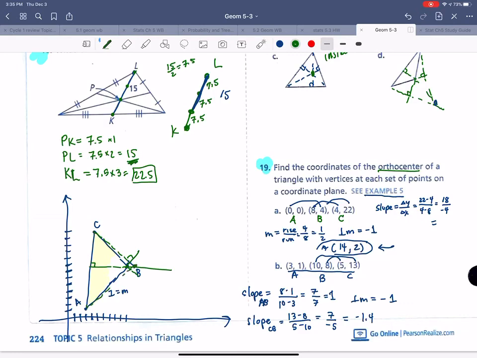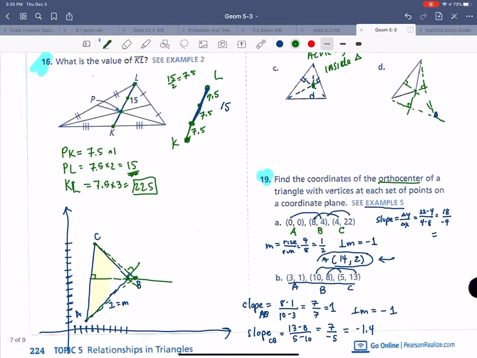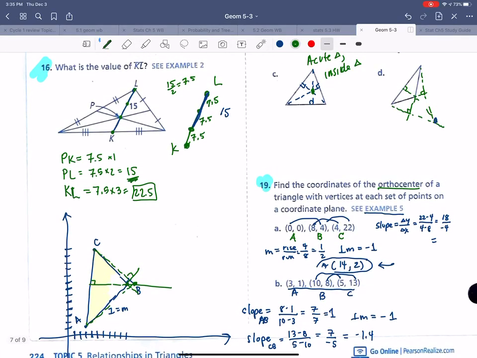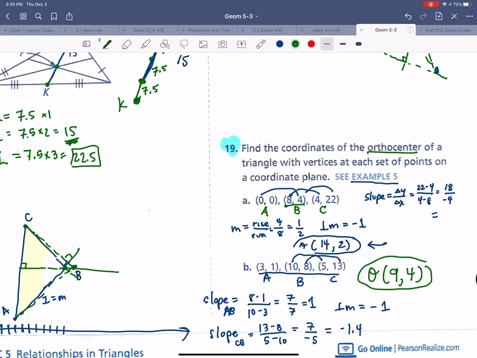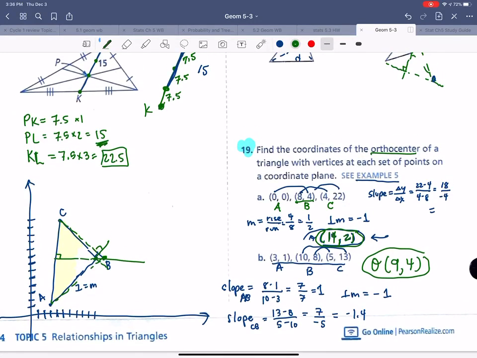So it looks like maybe it's just outside there, okay? So I'm going to guess that my orthocenter is somewhere about, if B is at 8, 4, something like maybe 9, 4, a little bit further out. And if it was multiple choice, I'm going to guess a coordinate somewhere close to that, all right? Now, we will go over algebra to find the exact coordinate, but at this point, we're just approximating using graphing. Thanks for joining us, guys.